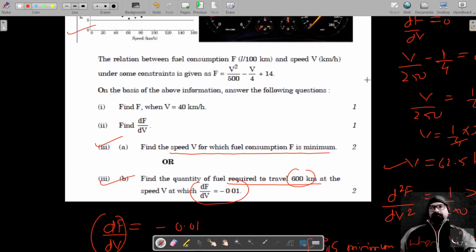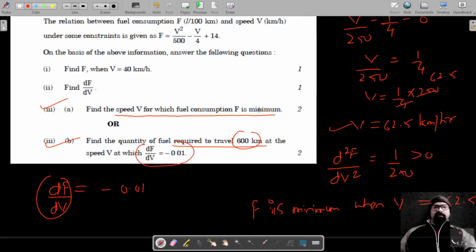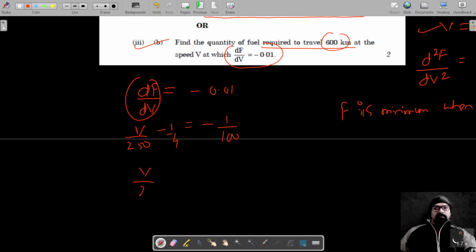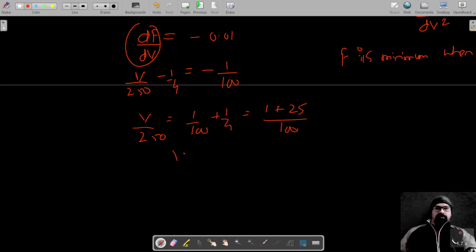We have df by dv, which is v upon 250 minus 1 by 4, equal to negative 0.01. I can write this as negative 1 by 100. So v upon 250 is equal to 1 upon 4 minus 1 by 100, with LCM 100, which is 25 minus 1 by 100, that is 24 by 100.